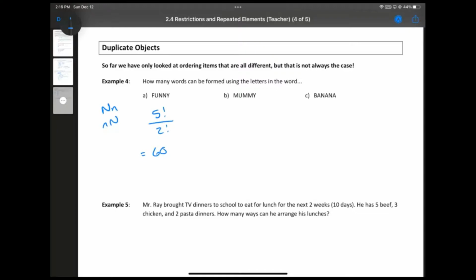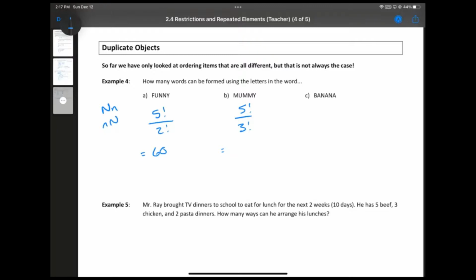Same logic with the word mummy. The word mummy has 5 letters again, so it could be thought of as 5 factorial arrangements if they were all different. However, the 3 M's can be rearranged in 3 factorial ways, so I just do 3 factorial on the bottom. If you're having trouble with the logic, the actual format is pretty simple. The first one had duplication of 2 things, so we put 2 factorial on the bottom.